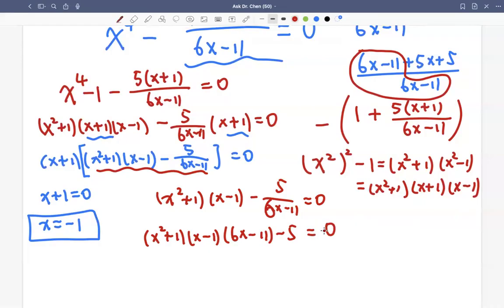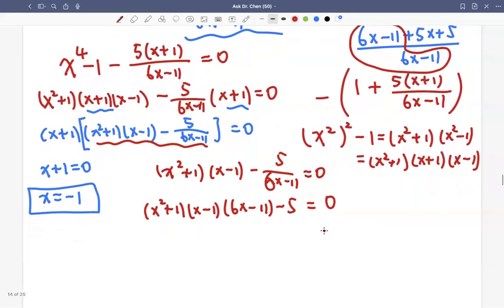So what do we do with this? We have to expand, because there's no way we can make a common factor. So we have to expand the product of these three. We get x squared plus 1. Let's multiply this binomial times binomial.